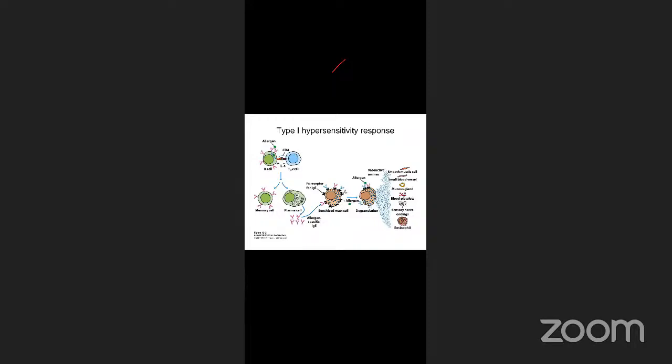Plant pollen: ryegrass, ragweed, timothy grass, birch tree. Different types of tree particles also sometimes act as an antigen. And drugs: penicillin sometimes acts as an antigen. Sulfanilamide, local anesthetics, salicylates. These drugs sometimes act as allergens.